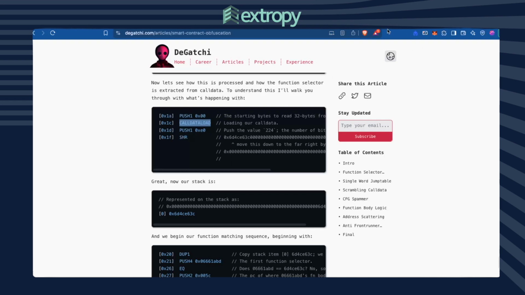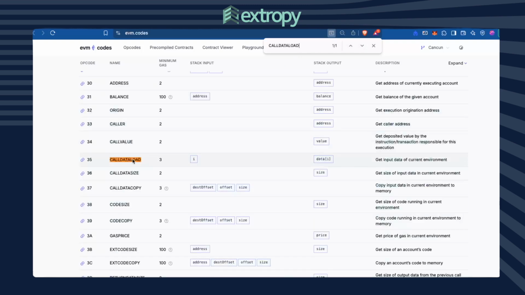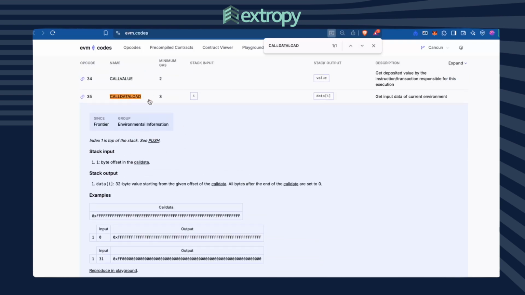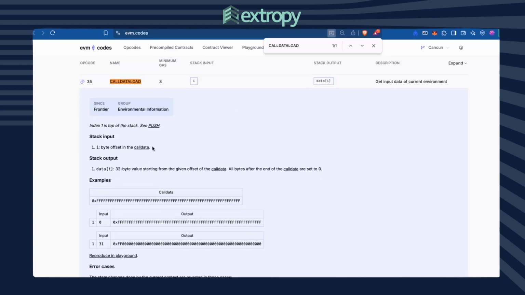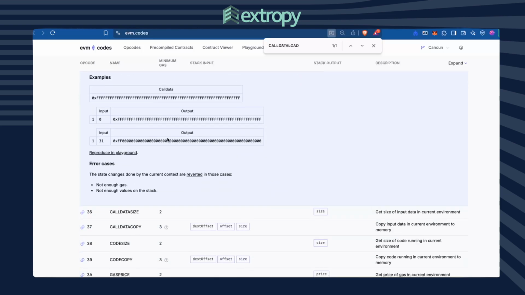So let me show you. CALLDATALOAD gives you the call data, and you can have an offset for that, so you can say where you want to start in the call data.